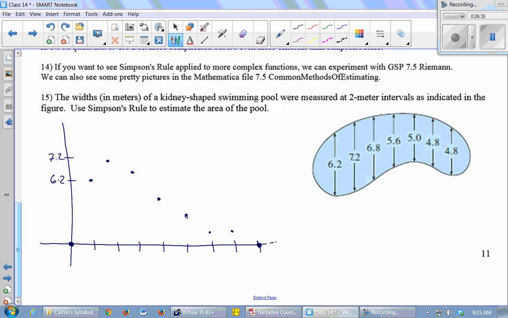Can we agree? Okay. So I don't know any of the heights in between, right? They weren't given. I could guess them, but I'd rather not. So if I was going to use Simpson's Rule to fit parabolas, I would have to use how many intervals?